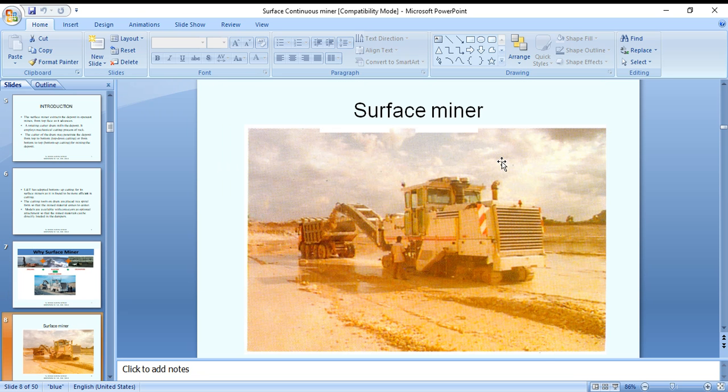So this is an actual surface miner in the field. There will be two pairs of crawler sets, this one pair and another the front pair. In the middle, a boom, nothing but a long circular roller.